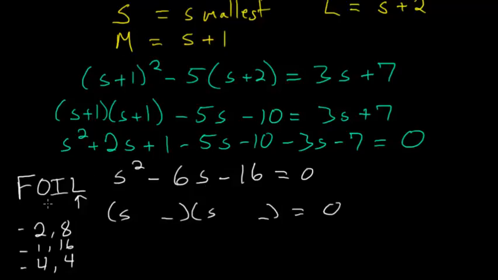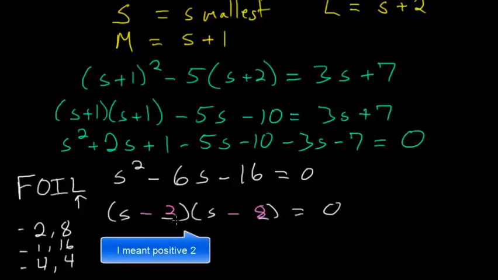We know that it's created from the outer and inner added together. So we need to think which of these numbers can add together to get minus 6. And in our case, the only ones that will work are this 8 and 2. If we had a minus 8 and a positive 2, we would get negative 6. So we can have minus 8 here, and plus 2 there.